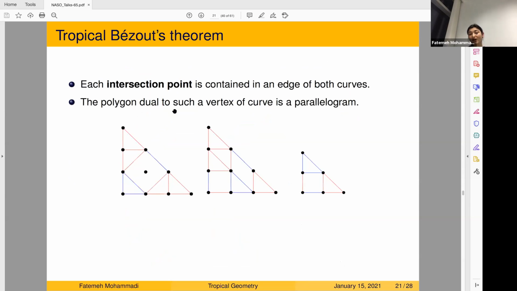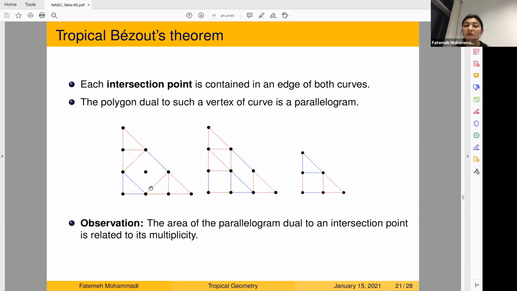And the observation was that the area of these foregons that are dual to the intersection points is related to the multiplicity of these intersection points. For example, here these are just the unit triangles, right? So this was just 1 times 1. This area is 1.